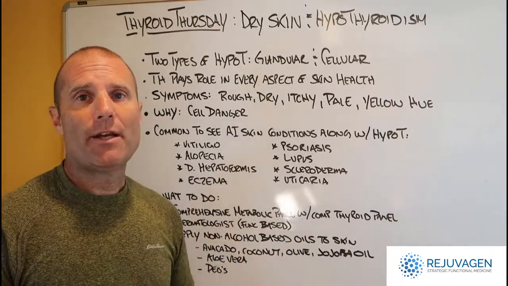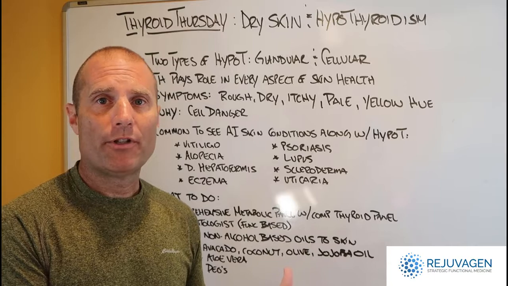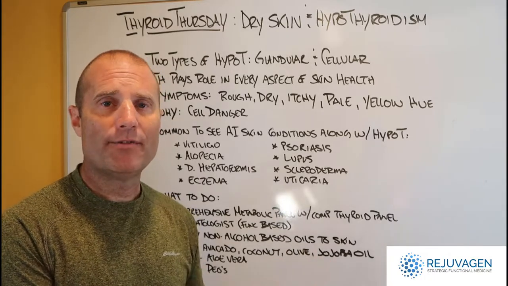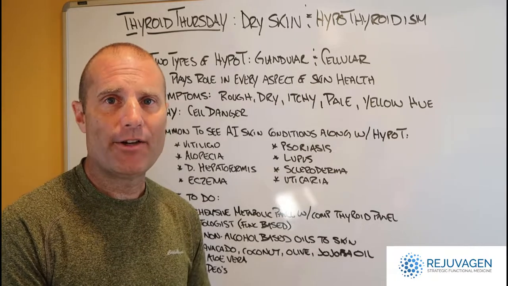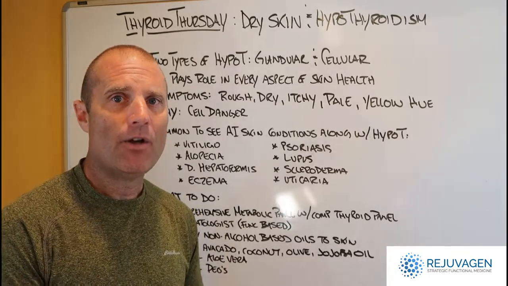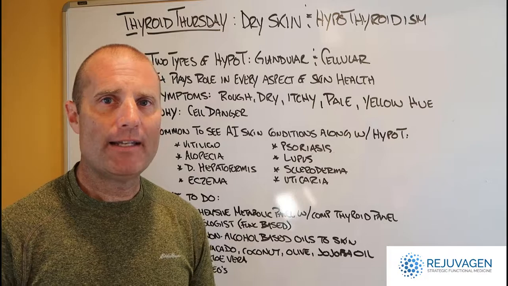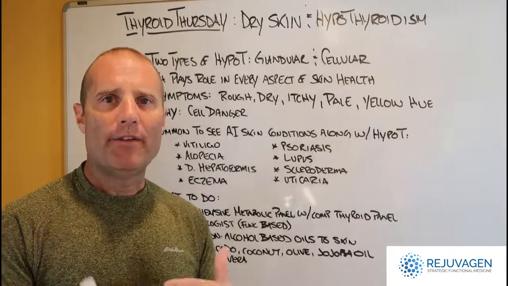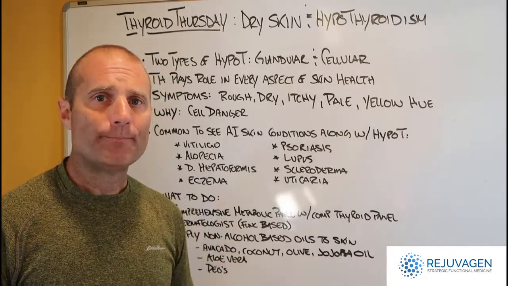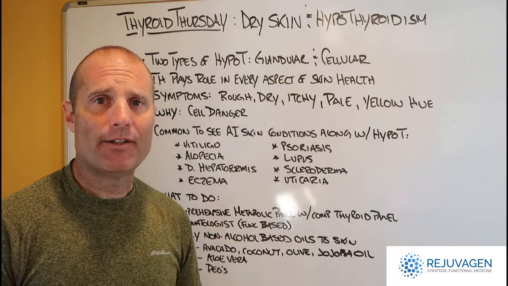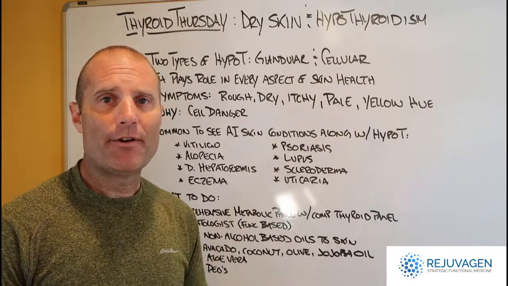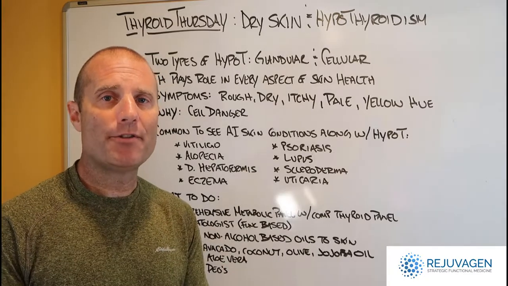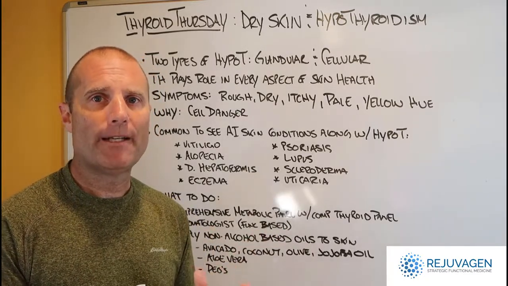And then there's cellular hypothyroidism, which means the thyroid gland is healthy, it's fine, it's making enough T4 and T3, but once that T4 and T3 gets to the cellular level, it's either not getting into the cell or it's being deactivated at the cell, and that's driving hypothyroid symptoms. So anybody that's got glandular hypothyroidism is probably going to have cellular hypothyroidism, but you can have cellular hypothyroidism and have a normally functioning gland.